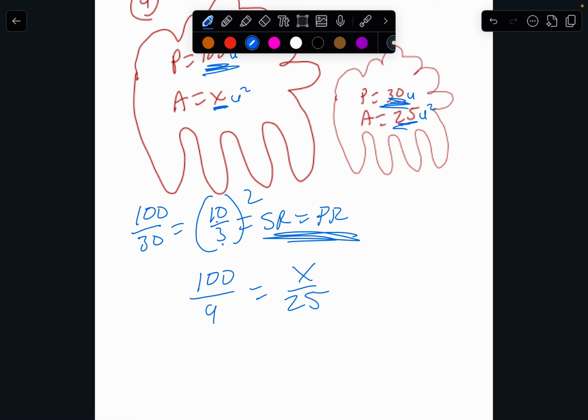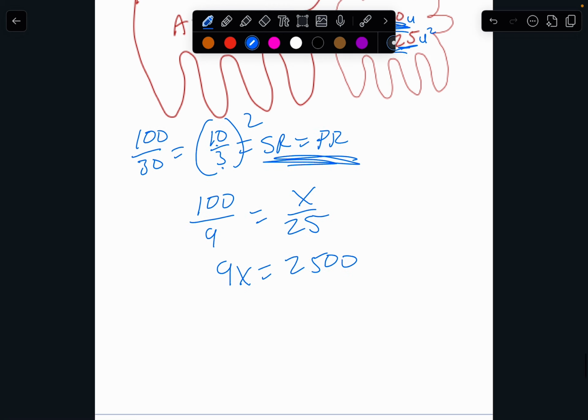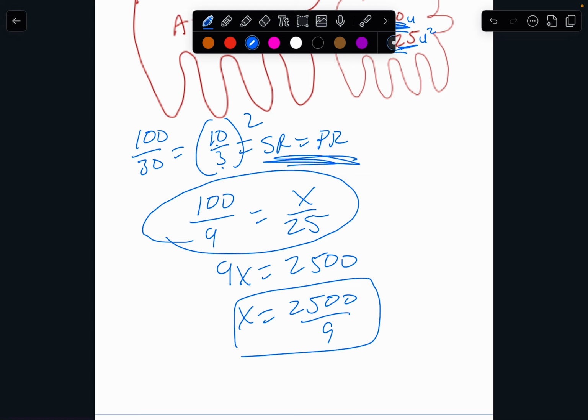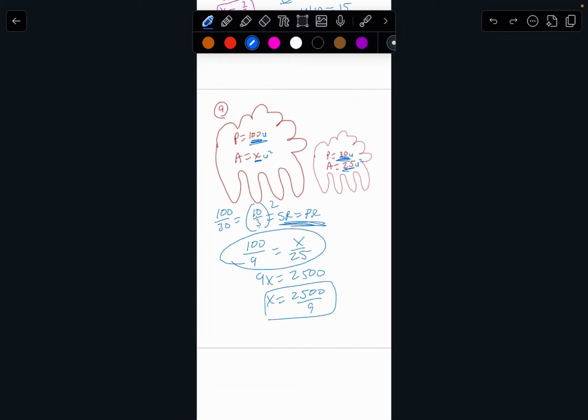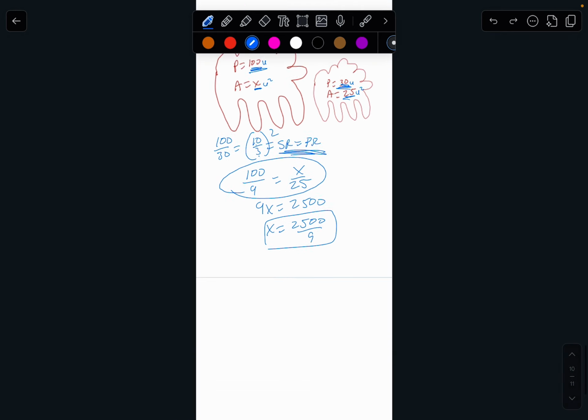Nothing reduces, so we get 9x equals 2,500. So x equals 2,500 over 9. And the awesome thing is if nothing reduced here, they're not going to reduce here, guys. So we know we're fully reduced. So the area would be 2,500 over 9.